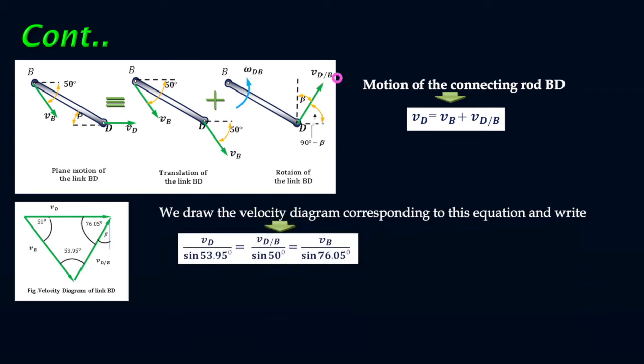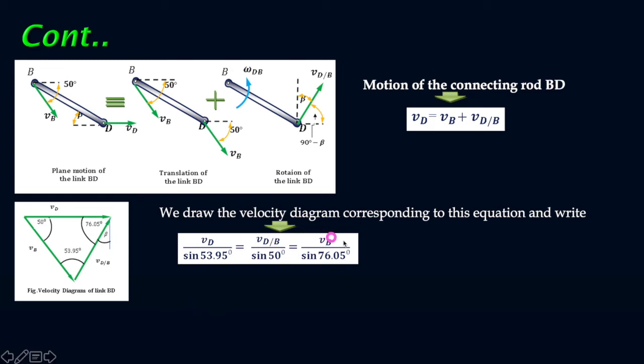Now we have already calculated the magnitude of VB, and using the sine law, VD by its opposite angle, this is the VD side, opposite angle is this. This is the VDB side, opposite angle is this 50 degree, and for VB the opposite angle is 76.05. All the angles are calculated from simple trigonometry.